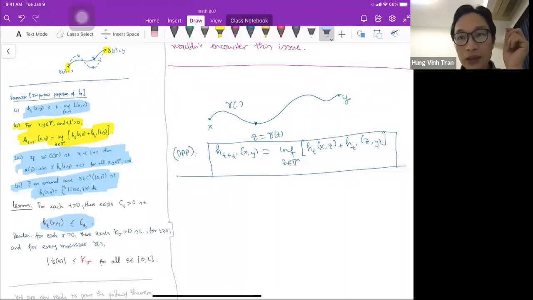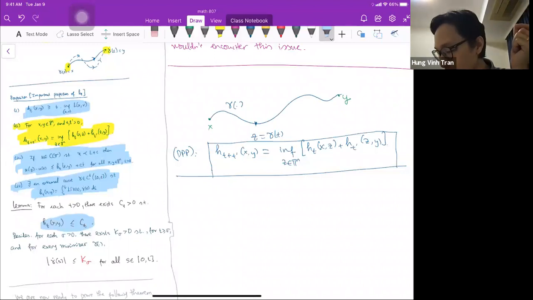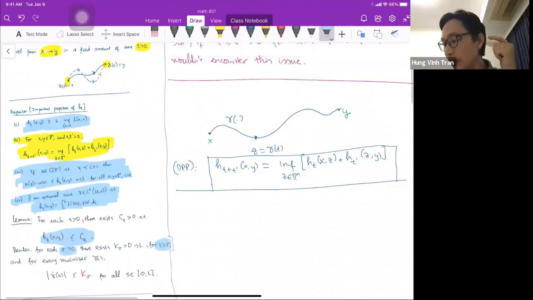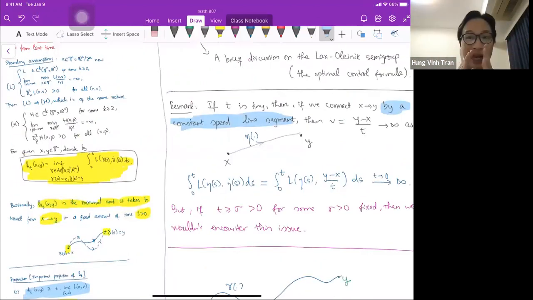Okay. What is really important is not just that it's bounded from above, but if I have a certain level sigma greater than 0, as I said, then if t is greater than sigma, we see already from the example here that if t is tiny, then your velocity gets to be really big to connect the 2 points, right?